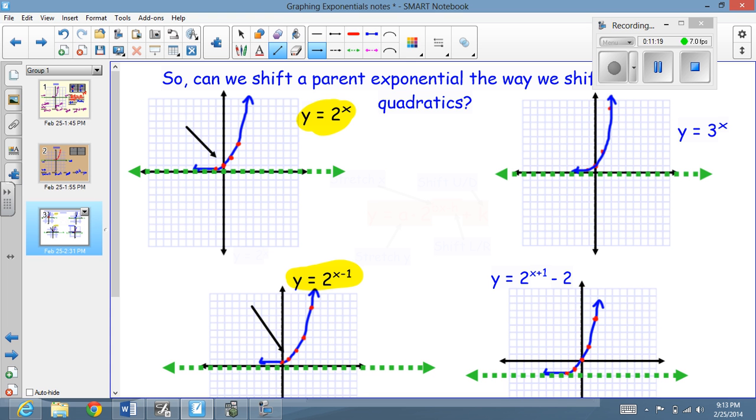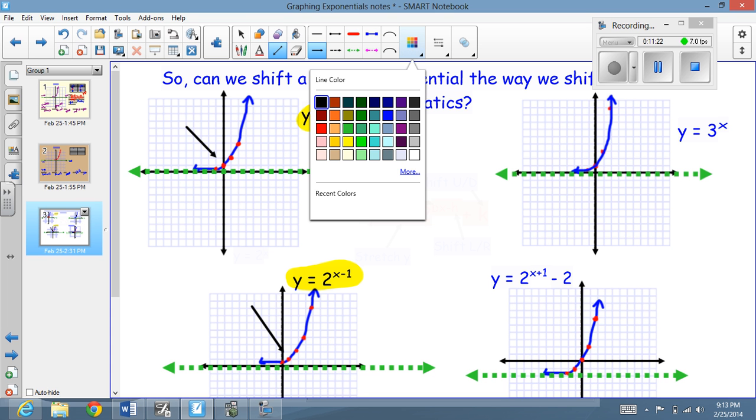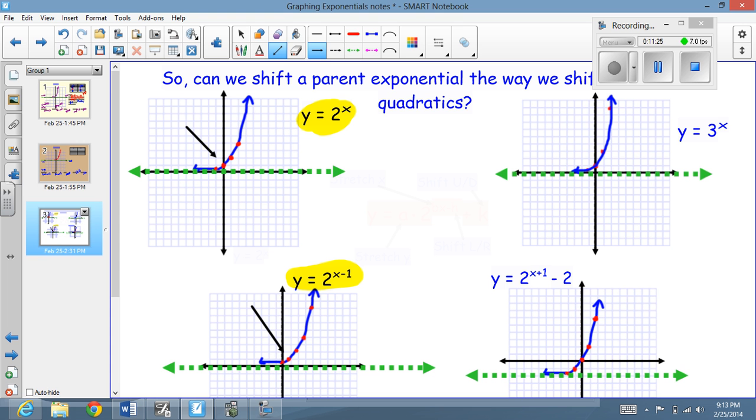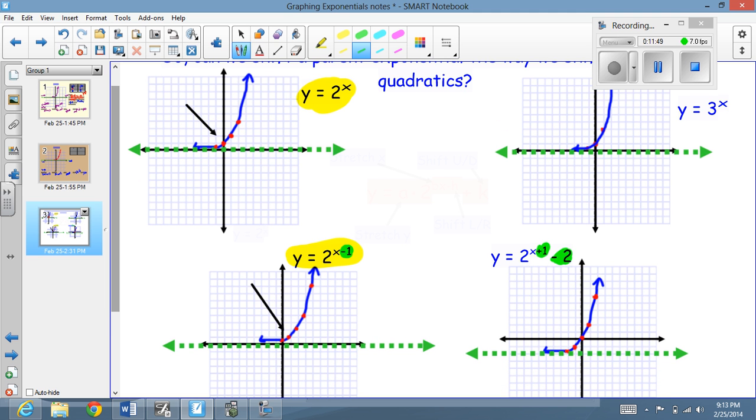Well, how did it move? Well, it moved because of, let me grab a little highlighter here. It moved because of this. Okay, well, what happens if we have that, but it's a +1, and then we also have a -2 outside of that? Well, if you kind of look at these graphs, what's happening is, in this graph, the whole thing shifted.